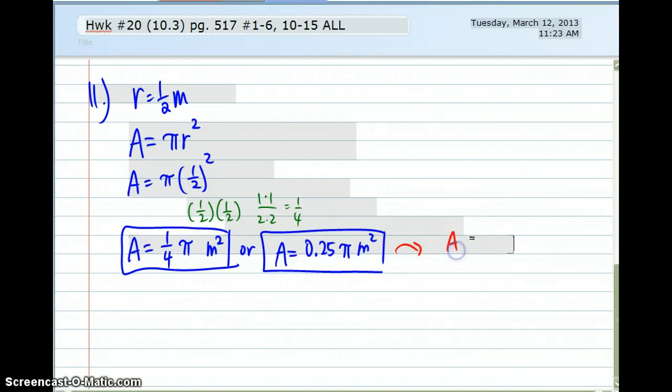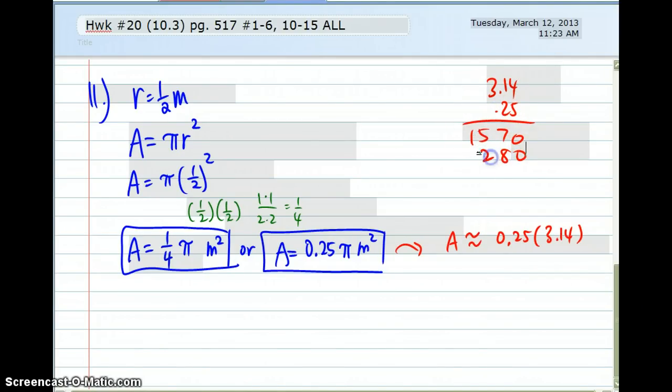And then I'm going to do the area is approximately 0.25 multiplied with 3.14. So when I multiply that, I'm going to get, okay, this is like the last question. Okay, then my decimal will be right there.